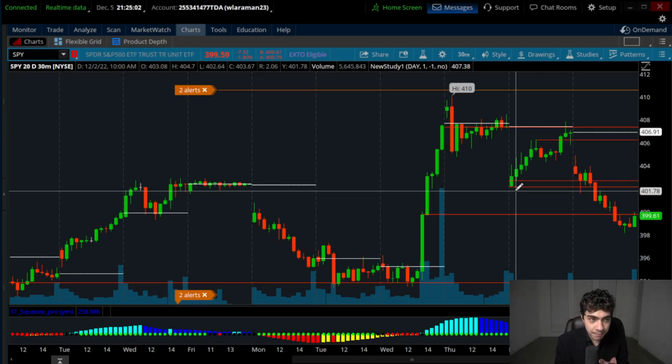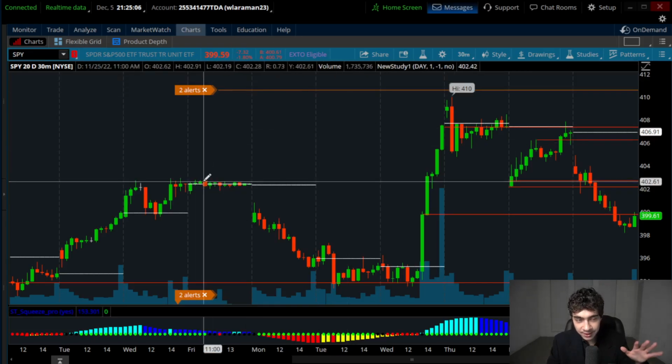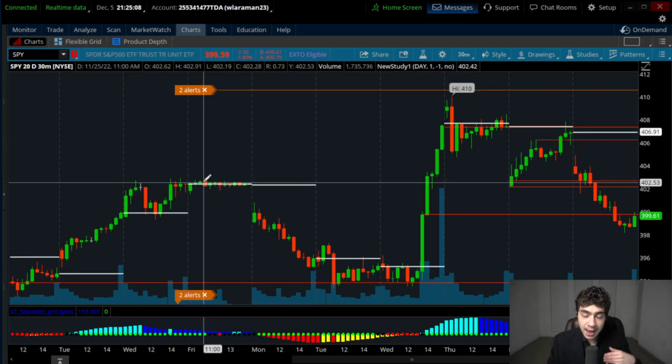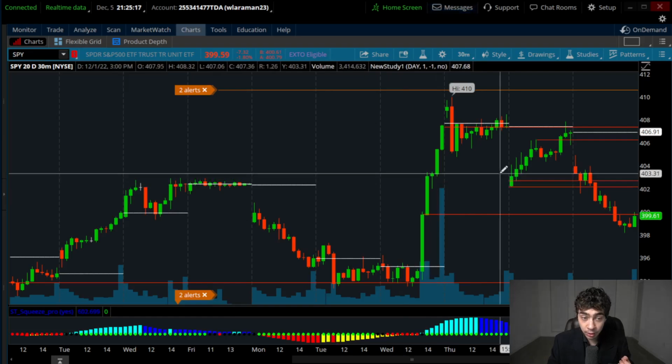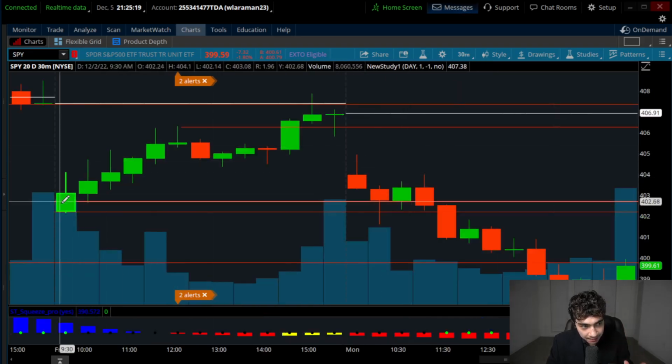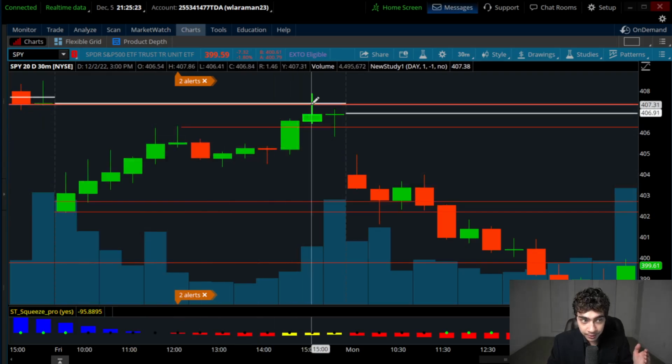If it stays above the previous closing price at 399.59, and if it breaks above this 402.60 and pushes above and forms a floor and forms support.